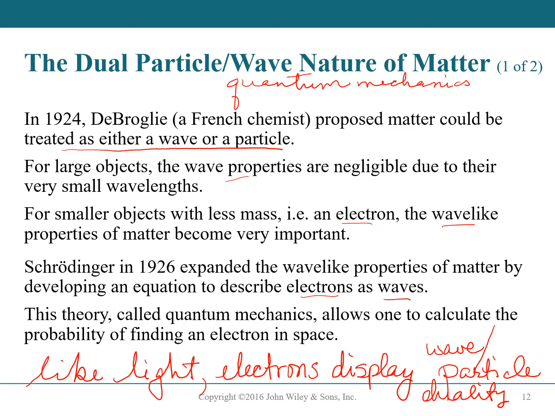So instead of looking at an electron as a particle, we're now going to look at electrons as waves. And when we do that, instead of being able to tell you exactly where an electron is, we're now going to be looking at the probability of finding it.